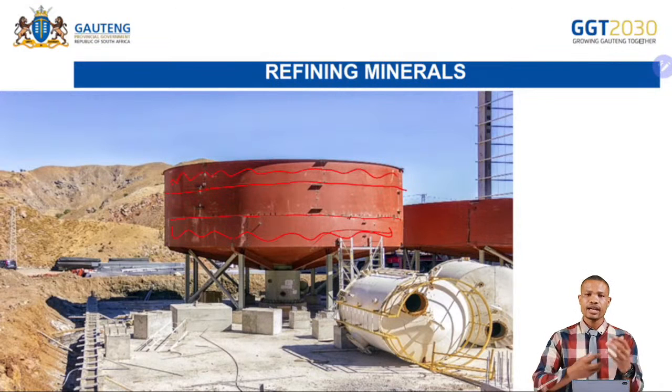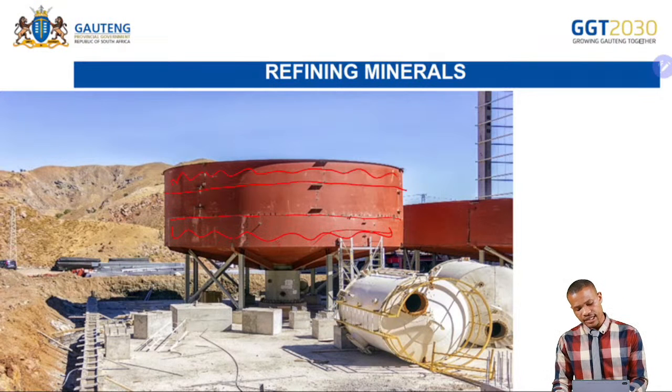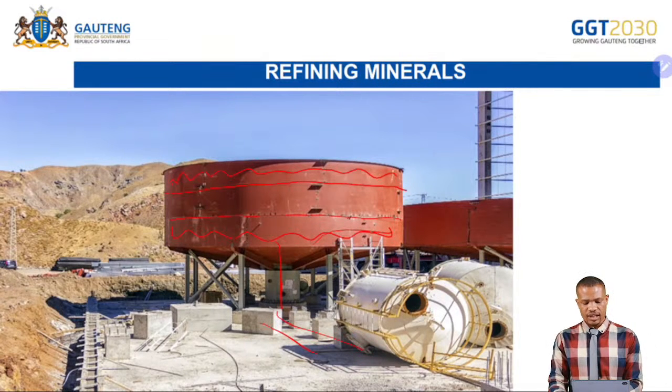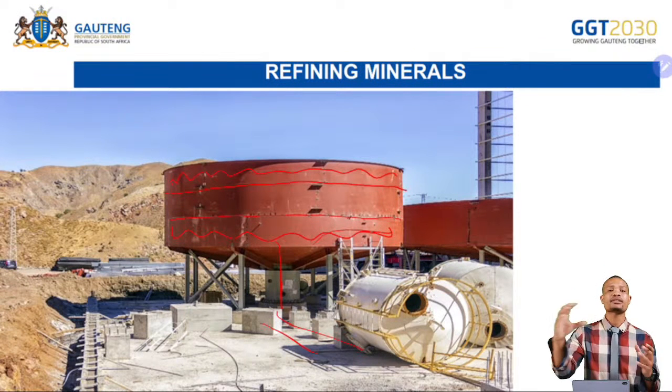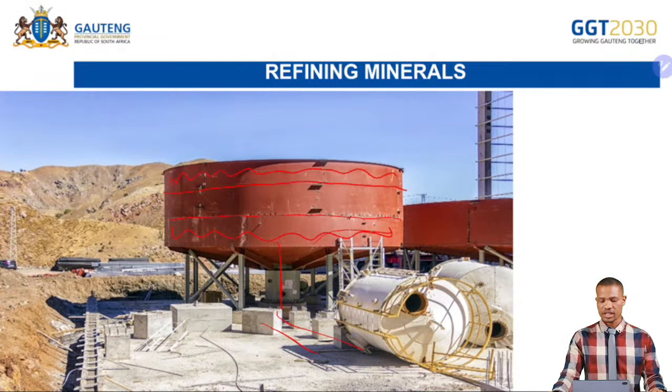So we can separate them easily using that method, because we will collect the denser ones at the bottom, and there's some piping that should be connected there so that we can put it in a storage tank. And usually there is another outlet which is basically a pipe that collects the lighter particles into their own storage tank. But this is a flotation tank.